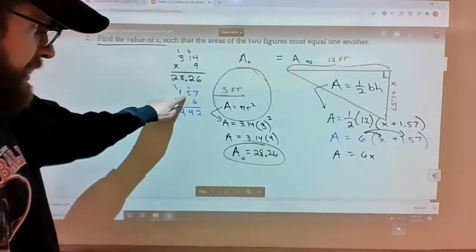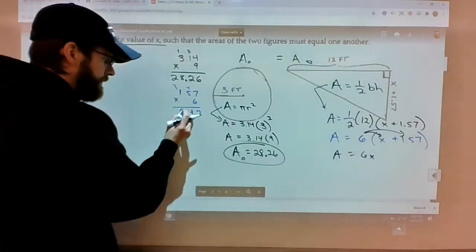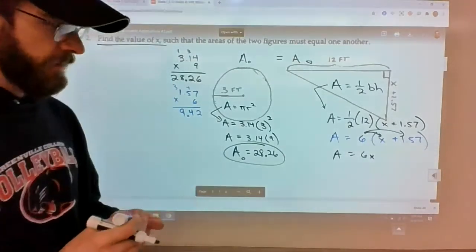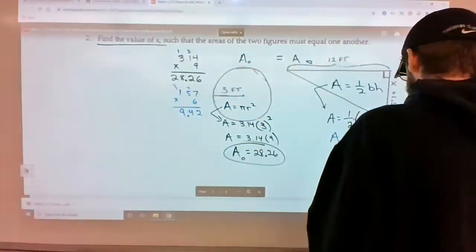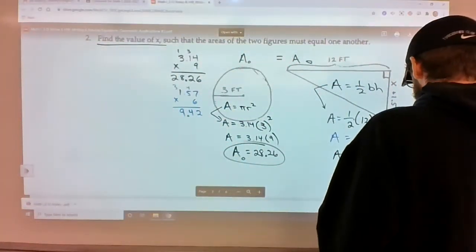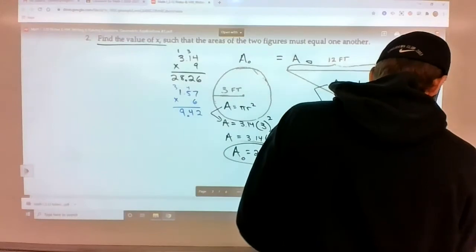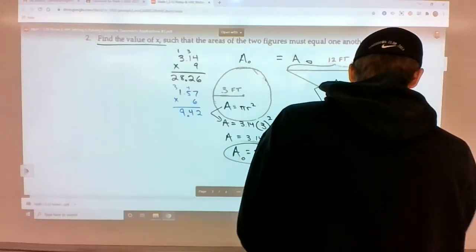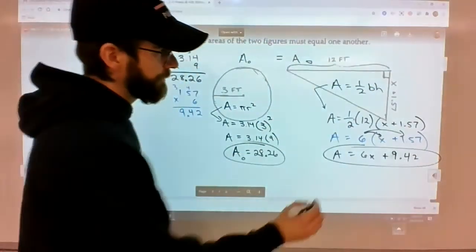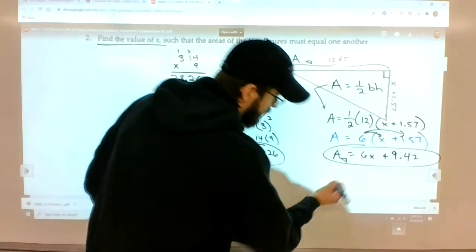Make sure you move your decimal spot 2 in. And now I've got my area of the triangle.